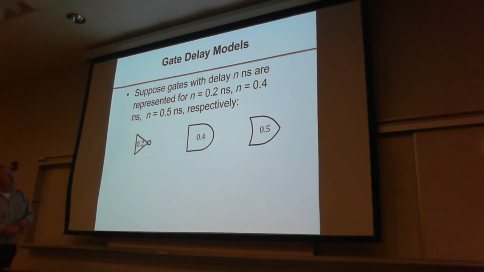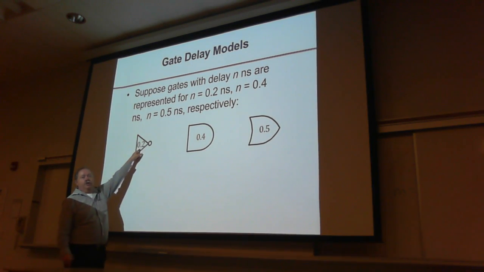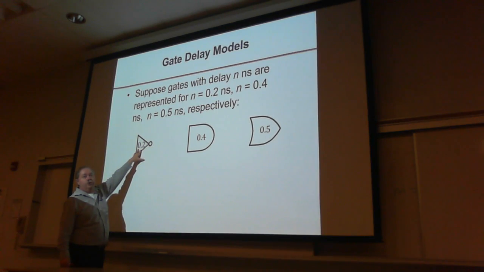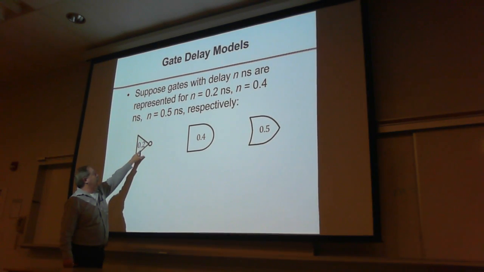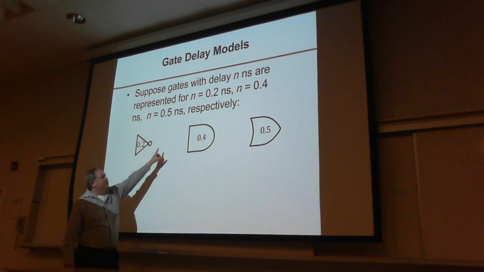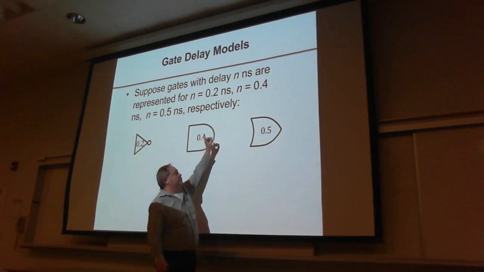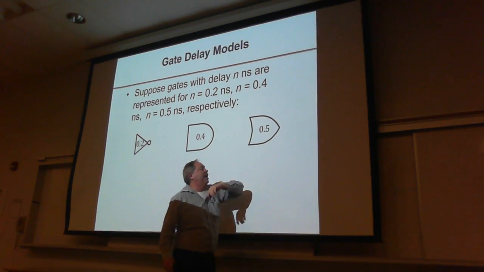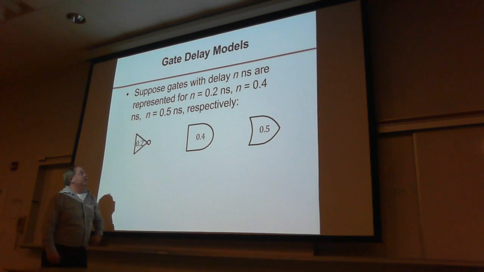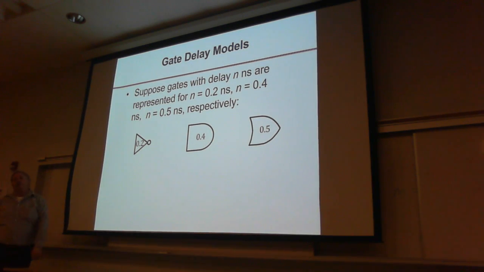Okay, so instead what we can do is say this gate takes 0.2, whatever my time unit is, 0.2 of my unit time delay. 0.4 unit times net propagation delay, 0.5 units of time propagation delay. Okay, so I can write those as a function of the components themselves, so I can then calculate the different delays.